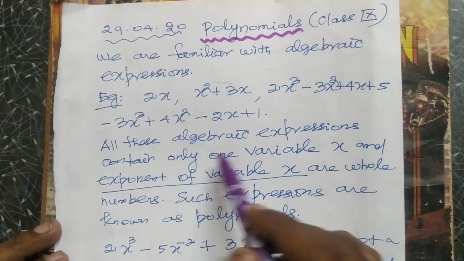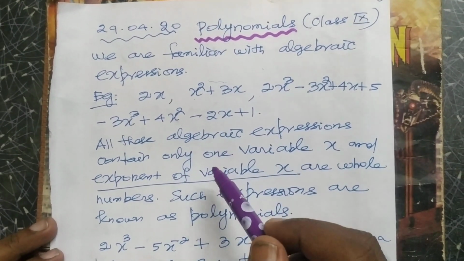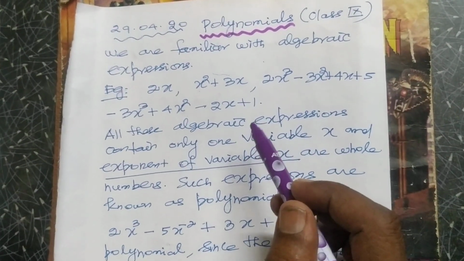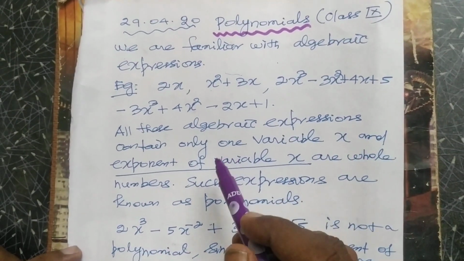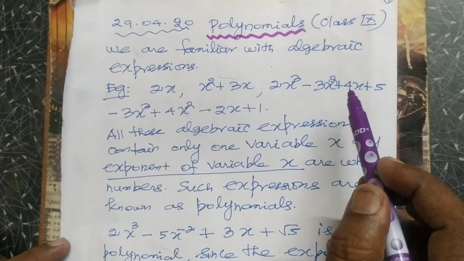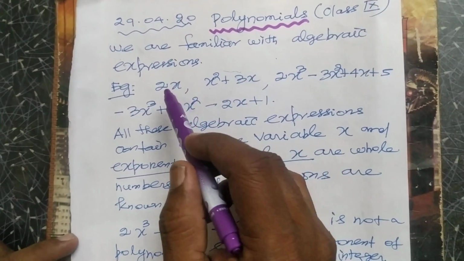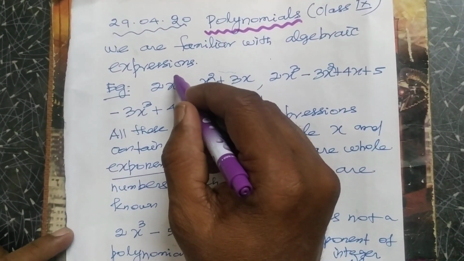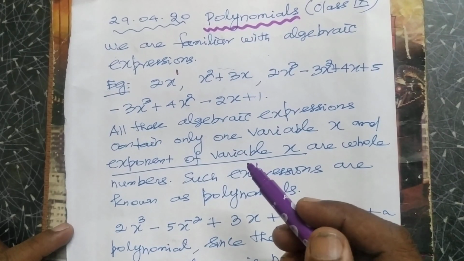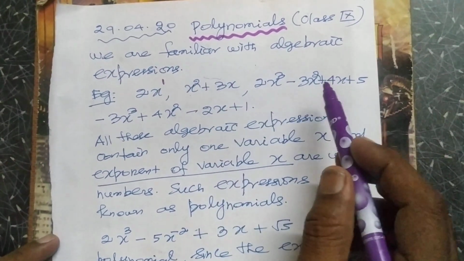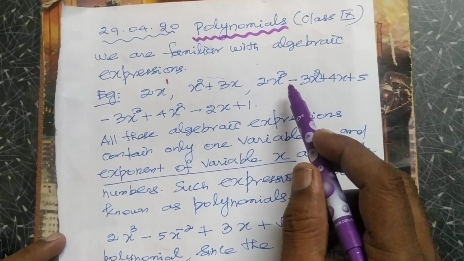You note that all these expressions contain only one variable, only one English alphabet, that is x. And exponents of the variable are all whole numbers. In the first example, 2x, no power means x to the power 1. Here x square, 2; 3x to the power 1; 2x cube, power 3.